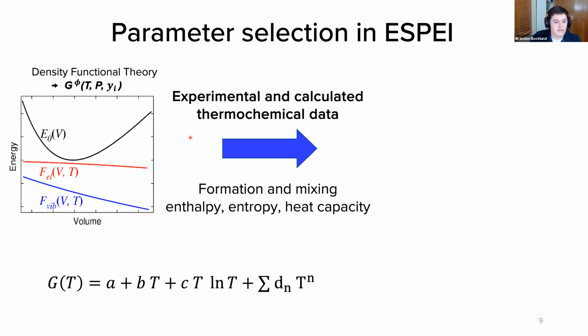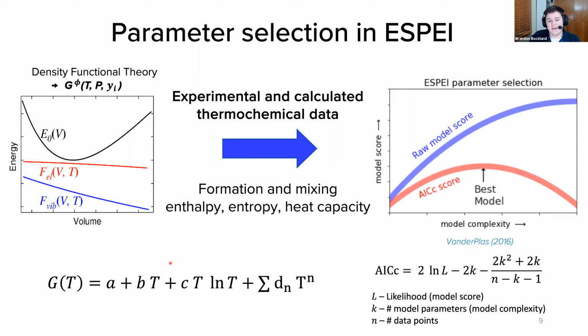And so we then fit those calculated Gibbs energies to the standard form of Gibbs energy polynomials that you'll see throughout the CALPHAD literature. And then we need to choose how many of these coefficients, so how many of these A, B, C, D terms we want to fit, and so how we will expand our Gibbs energy as a function of temperature.